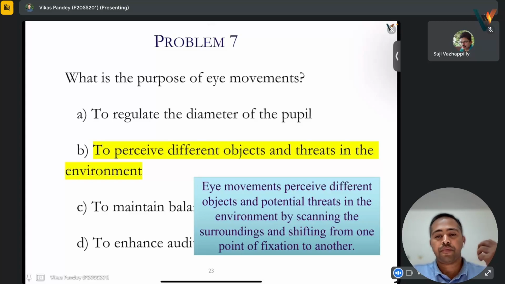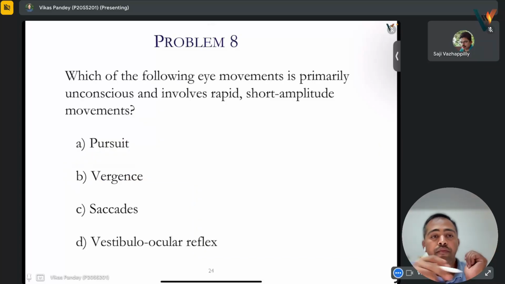Eye movements perceive different objects and potential threats by scanning the surroundings and shifting from one point of fixation to another.